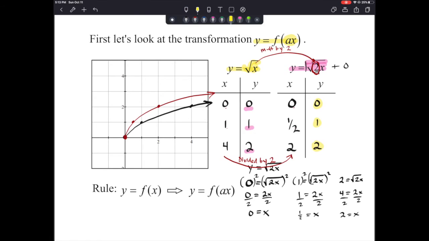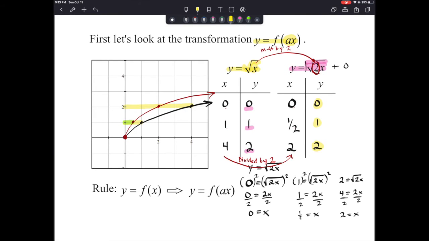Look at your graph. The first one is 1 full unit. That point 1, 1 is 1 full unit from the y-axis. But then on our new graph, it is half as much. For the next one, you'll see that when we plug in 4, our output was 2.